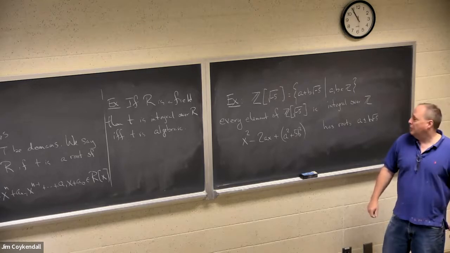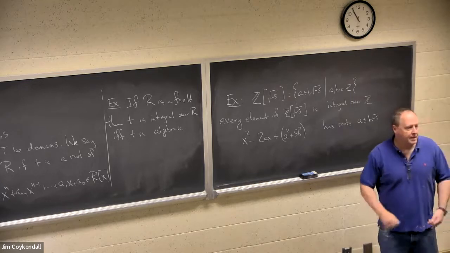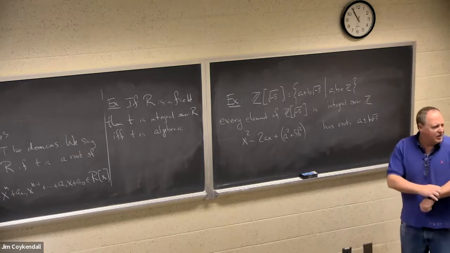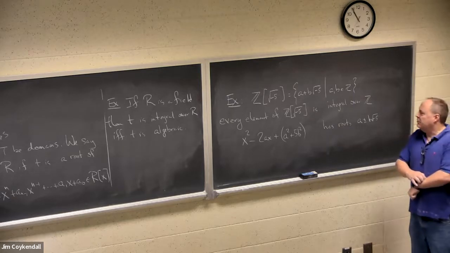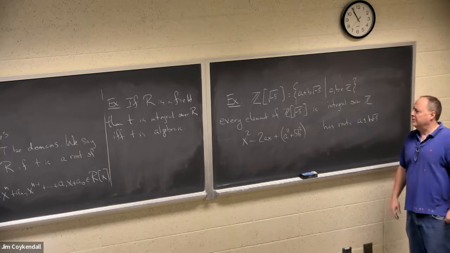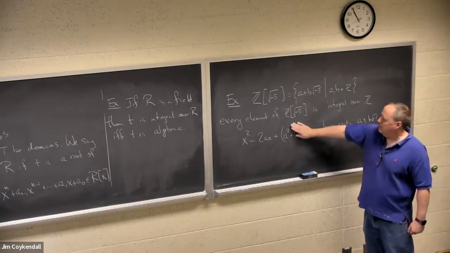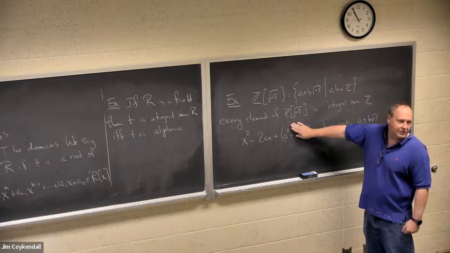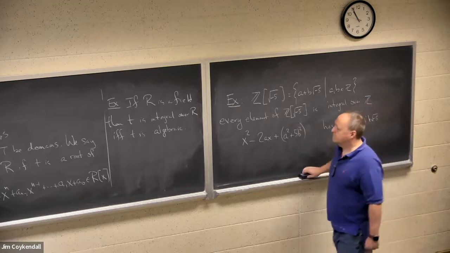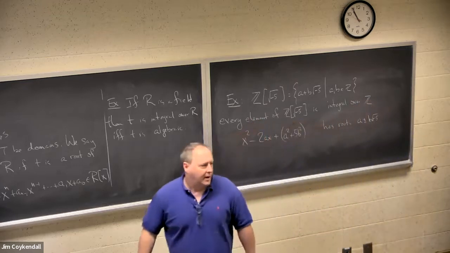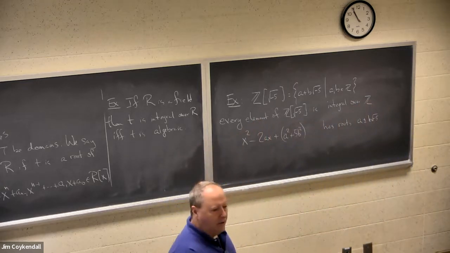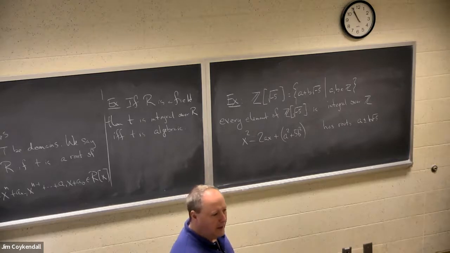Oh, and let me also point out that this polynomial is not necessarily irreducible. In fact, it's going to be irreducible if b is not 0, because if b is 0, it's going to be x minus a, squared. And of course, any element of Z itself satisfies the easier one, x minus a.